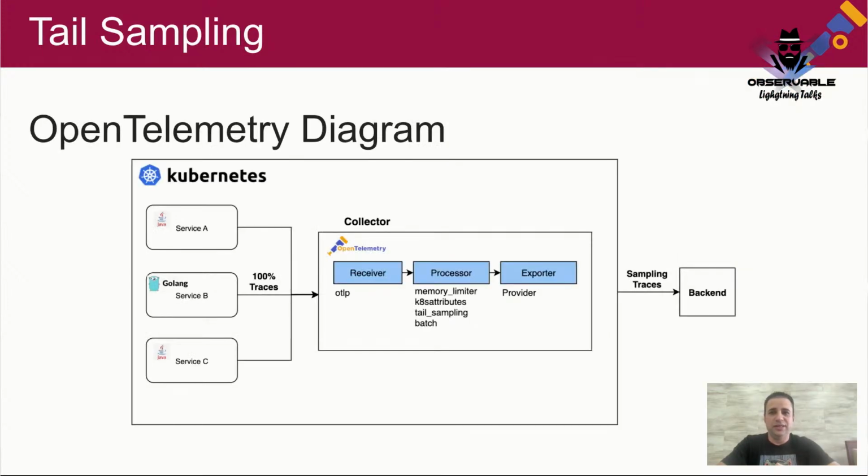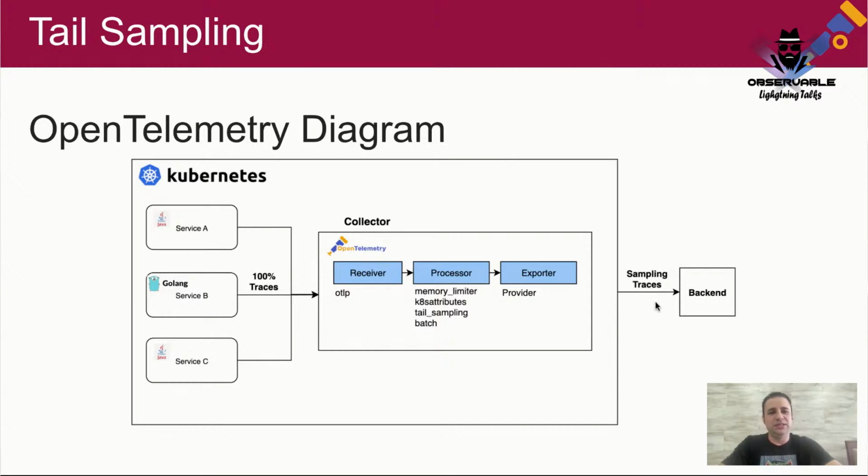Here is a diagram that we have implemented. For example, all our applications are instrumented with the OpenTelemetry SDK, and 100% of the traces are sent to our collector. In our collector, we analyze and apply some policies using tail sampling and decide if we want to store this data or not.